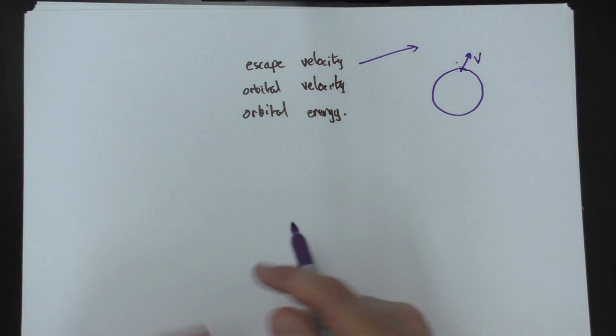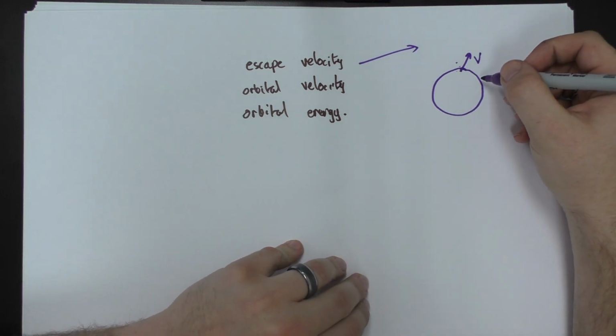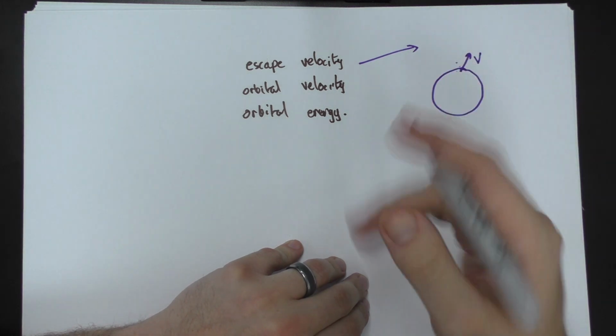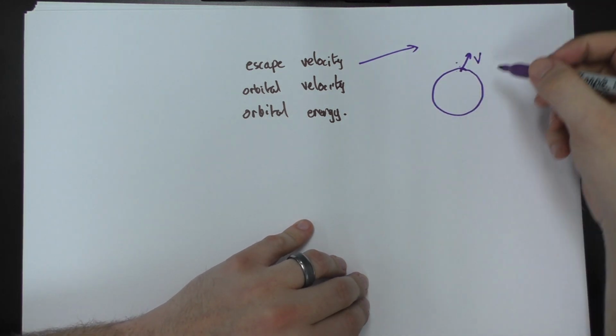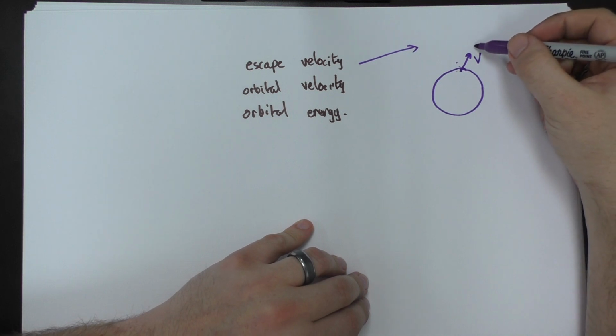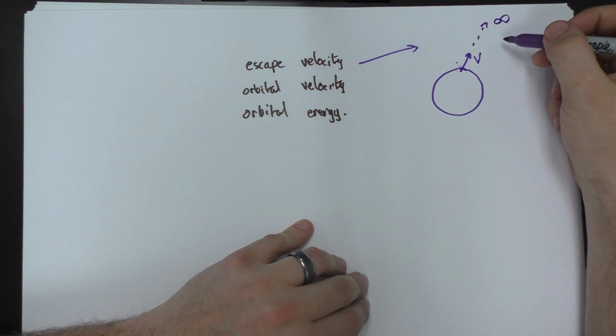So we need to factor in gravity when we derive an equation for this value right here. So let's think about what escape velocity means. Well, if it's going to escape the gravitational field, then it's got to be able to get to infinity.